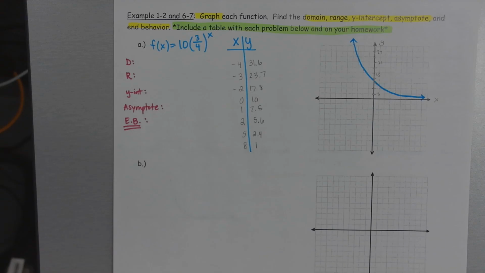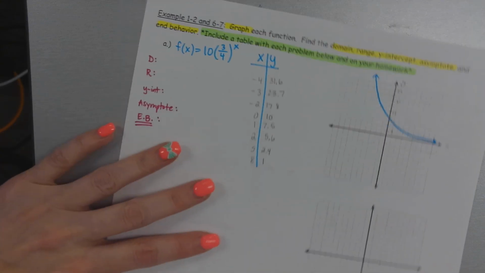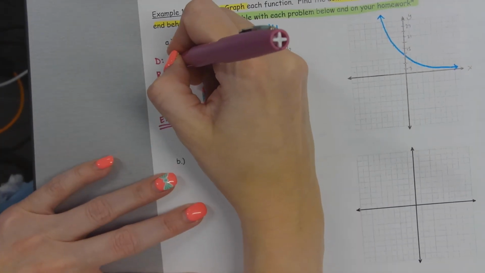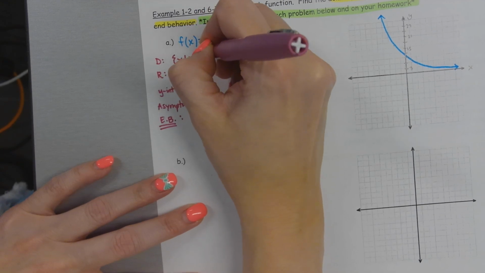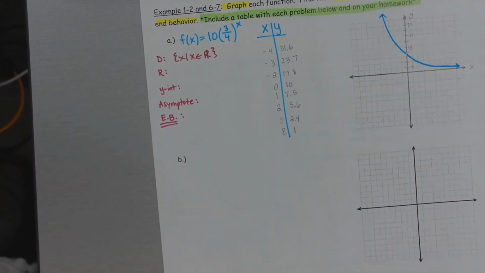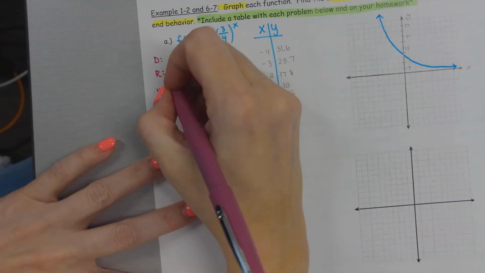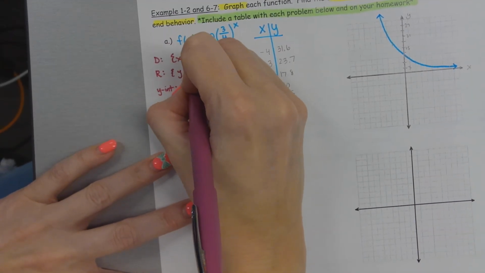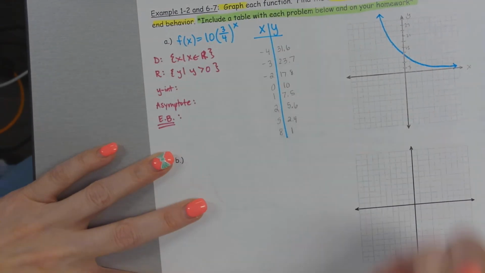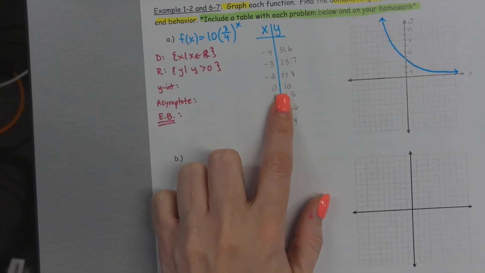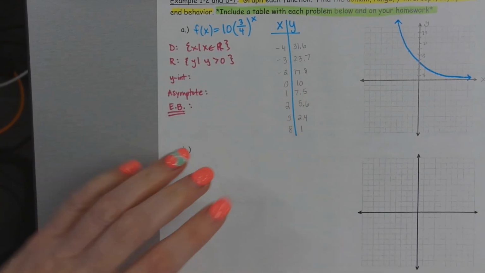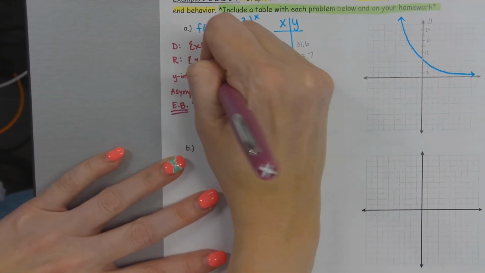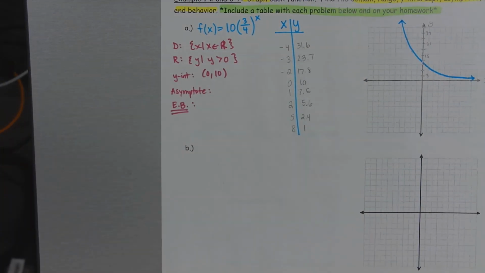So the really nice thing about exponential functions, your domain is always going to be all real numbers. And then your range, for this one, everything is still above 0, so it's y such that y is greater than 0. In this case, we did put the intercept on our table, so it's just 0, 10.